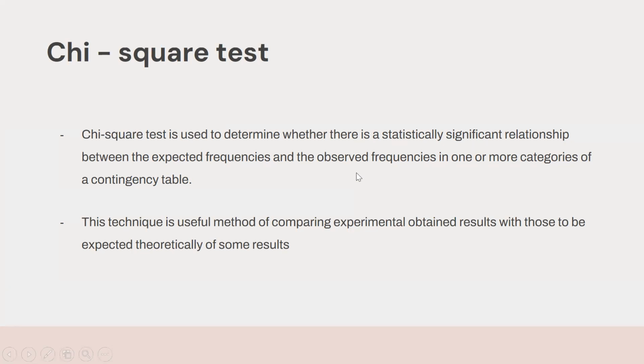Okay? So ibig sabihin nun, meron ka ng data predicted. Sa chi-square, ginagamit natin siya kapag kino-compare natin yung data collected versus the data predicted. So, ibig sabihin, meron kang pinoprove, ba? You're proving a probability, you're proving a claim, or you're proving a prediction. Doon natin ginagamit yung chi-square.